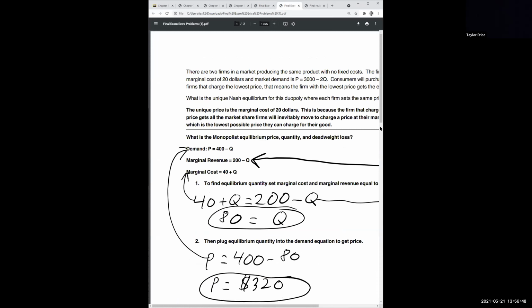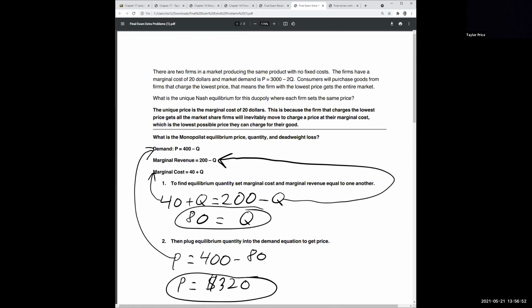Okay, so number one is basically trying to confuse you. It's this really weird, complicated word problem where they're saying there are two firms in a market producing the same product with no fixed costs. The firms all have a marginal cost of $20 and market demand is this equation.